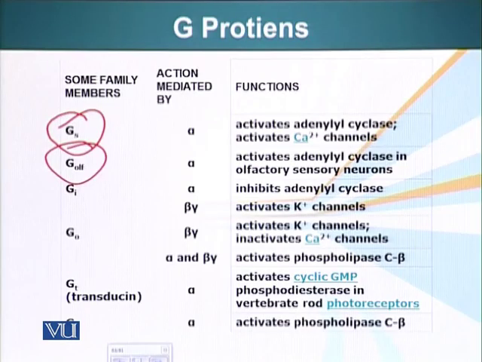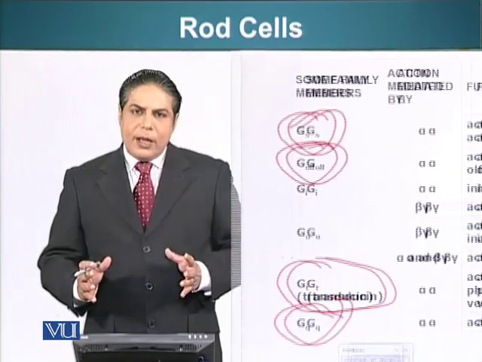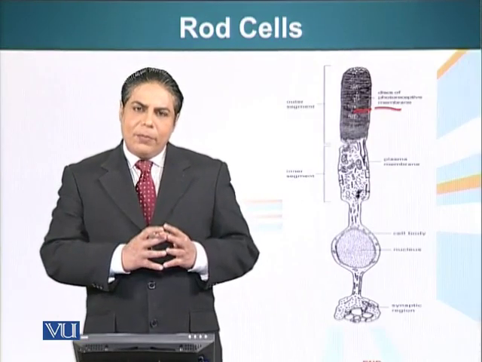Gt is G transducin. It is a G protein which is present in our eye rod cells. Gq, the alpha subunit of this G protein, basically activates phospholipase C, which results in production of DAG, diacylglycerol, and IP3, inositol triphosphate.